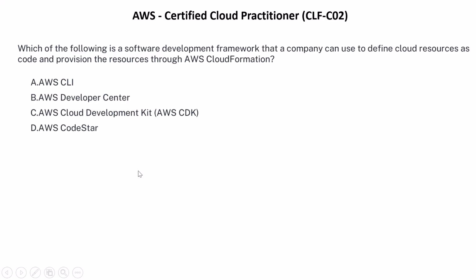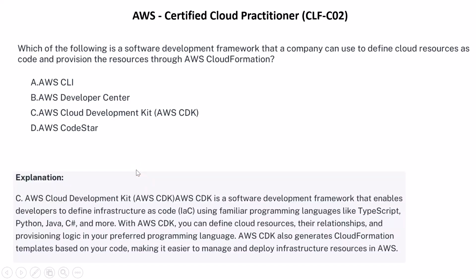The correct answer for this question is option C, AWS Cloud Development Kit. AWS CDK is a software development framework that enables developers to define infrastructure as code using familiar programming languages like TypeScript, Python, Java, C#, and more.